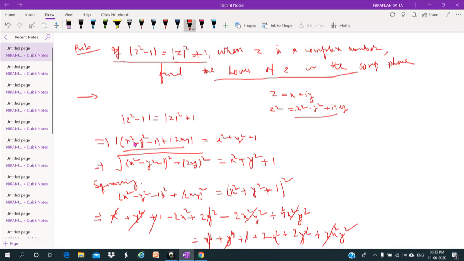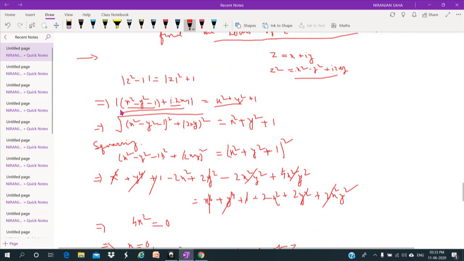Now we will rearrange in real part and imaginary part. So the real part is x square minus y square minus 1 and the imaginary part is iota 2xy. And on the right hand side, modulus of z is root over x square plus y square, and whole square gives us x square plus y square plus 1.